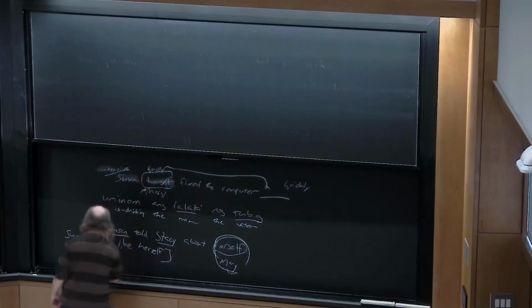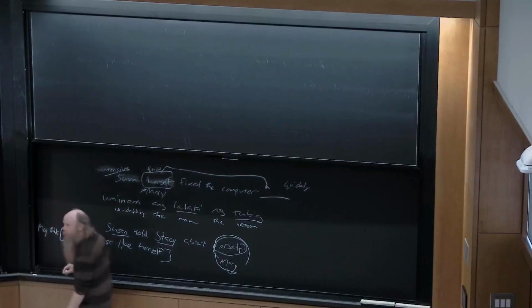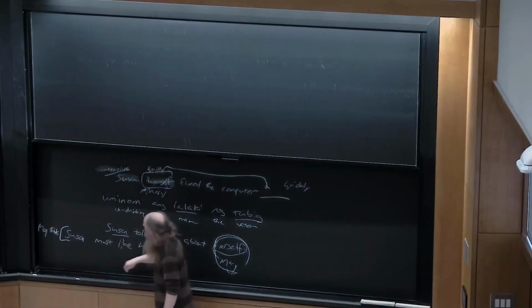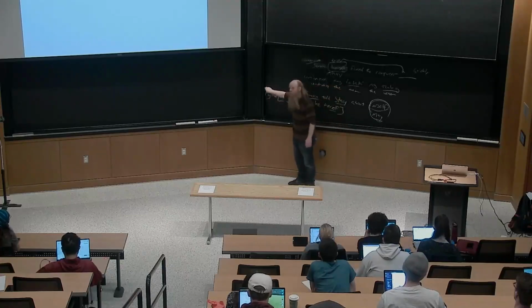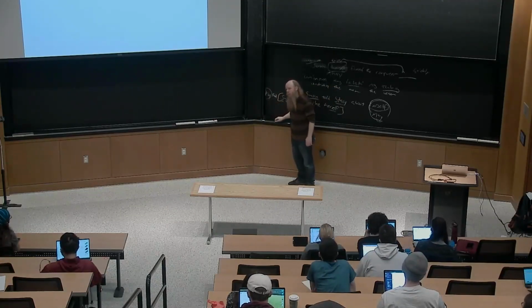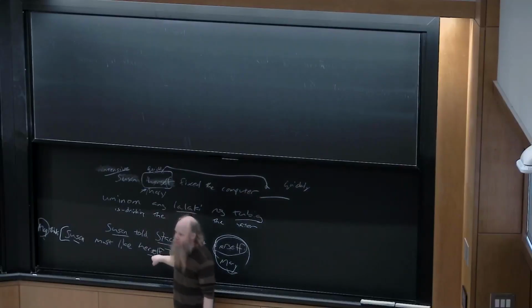If we make this an embedded clause, so if we say Mary thinks Susan must like herself, well, herself can refer to Susan, but it can't refer to Mary. And that's not going to be because Mary doesn't C-command herself. It does in the kinds of trees that we're drawing.